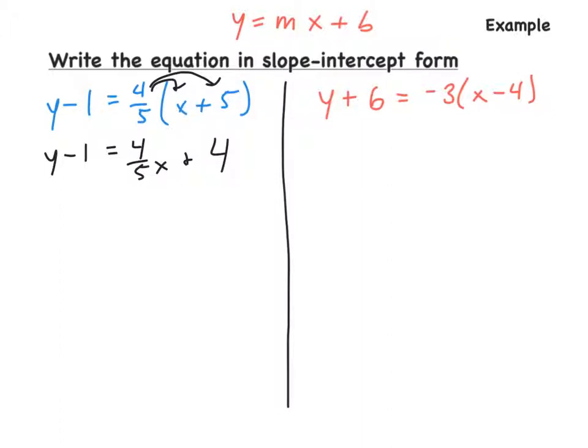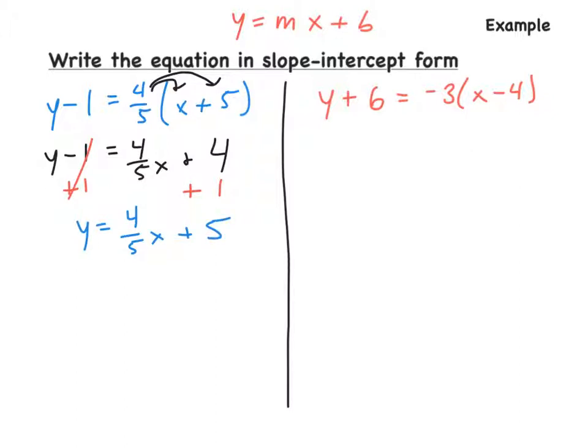Now, we need y by itself over to the left. So I need to move this 1 over to the right. So if we do that, I'll add 1 to both sides. So y is equal to 4/5 x plus 5.